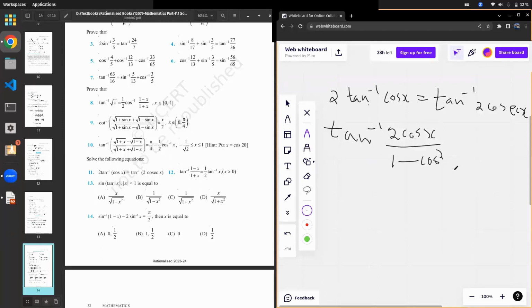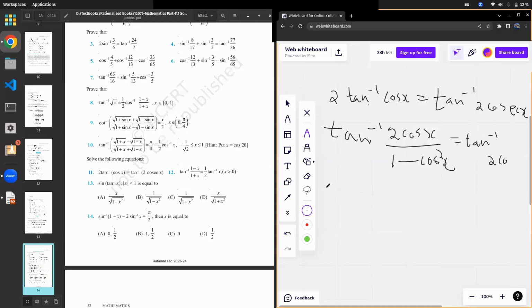So we know the value of 1 minus cos square x is equal to sin square x. So we have the equation now, tan inverse of 2 cos x by sin square x is equal to tan inverse of 2 cosecant x.